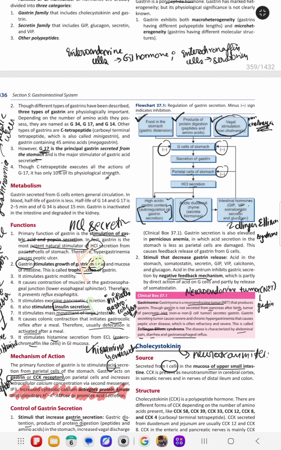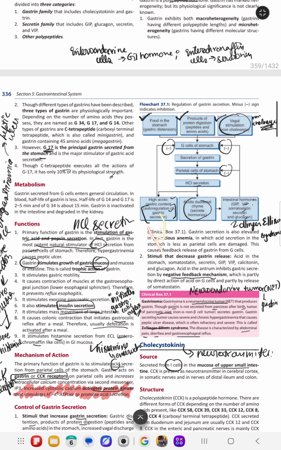Food in the stomach causes gastric distension. Products of protein digestion, peptides and amino acids, vagal stimulation, non-cholinergic. Right, so products of peptides and amino acids stimulate G cells of the stomach, secretion of gastrin, parietal cell, HCl secretion.